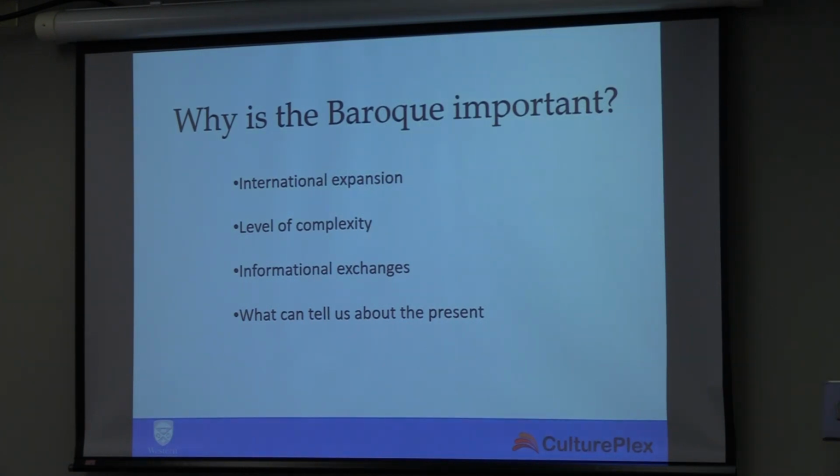This brings a level of complexity that I think humankind, the human species, had not had before, or not at this level. This is part of what Jared Diamond calls the clash of the hemispheres, in which two worlds completely different and untouched before in terms of the flora, the fauna, the human groups, cultures, come together in such a dimension that we are still experiencing the effects of those exchanges.